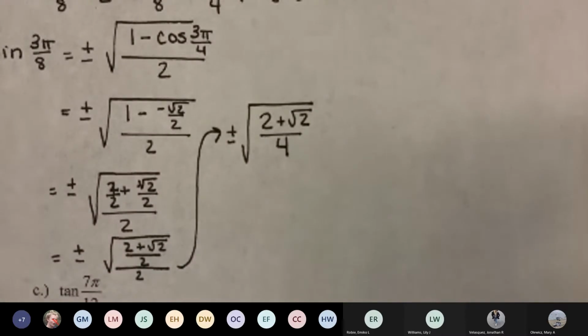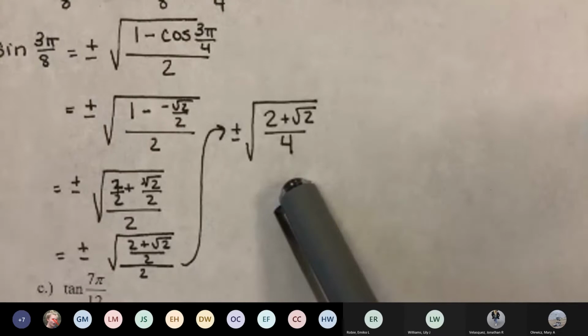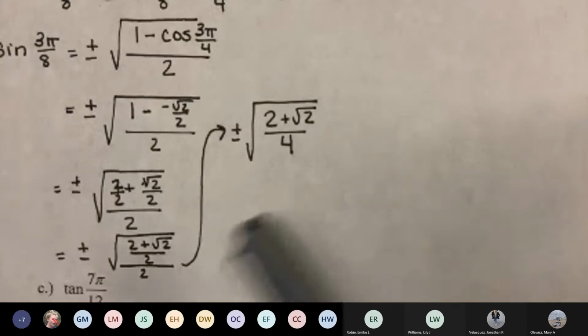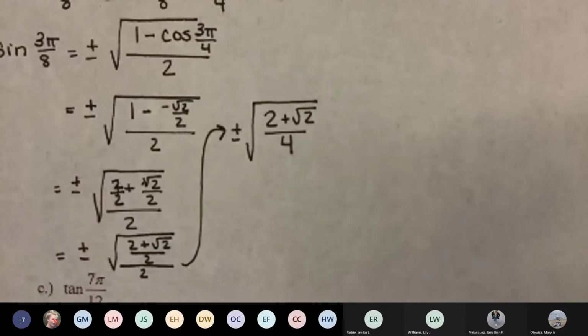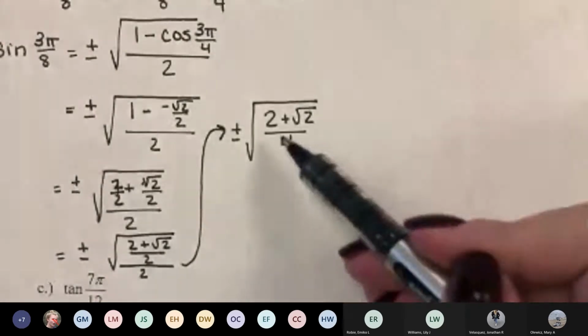Now, do all of these have such terrifyingly awful answers? No, but if you anticipate, like you should, that these are going to have wretched answers, if you get a nice answer, you can be pleasantly surprised. But expect these to be awful, just awful. I mean, look at that.